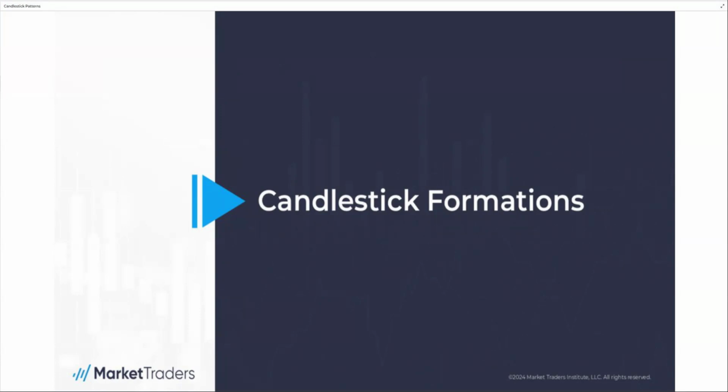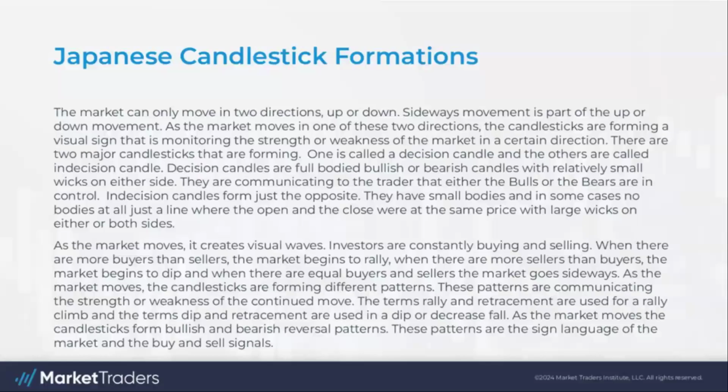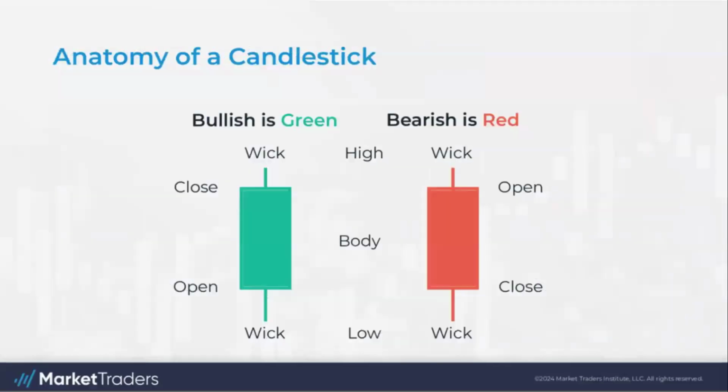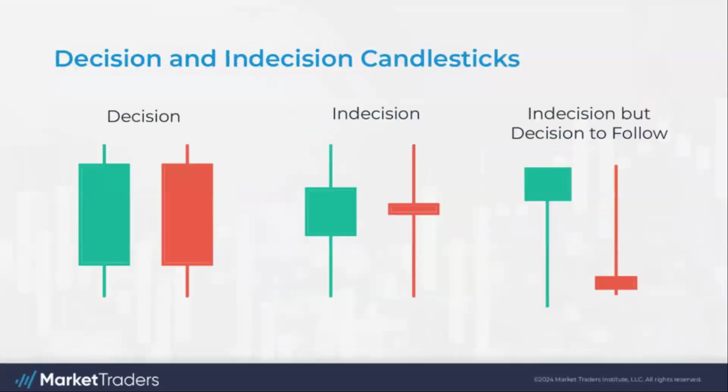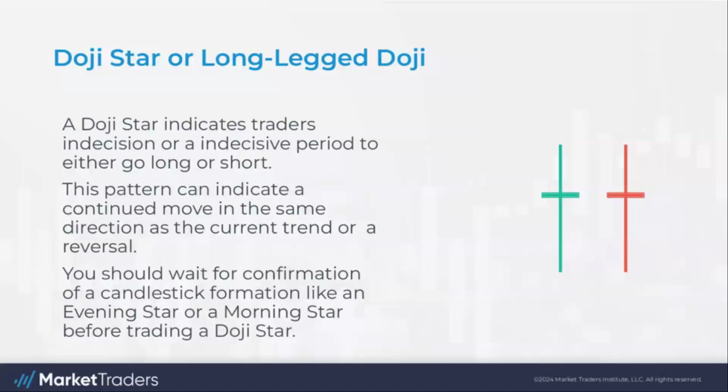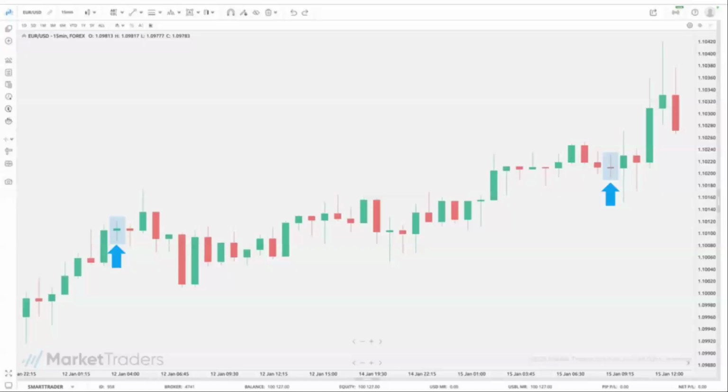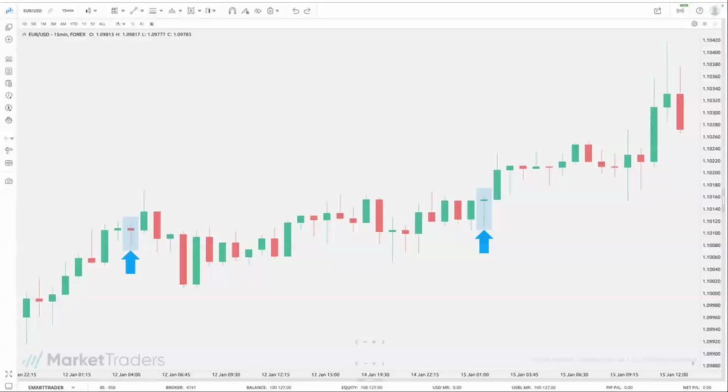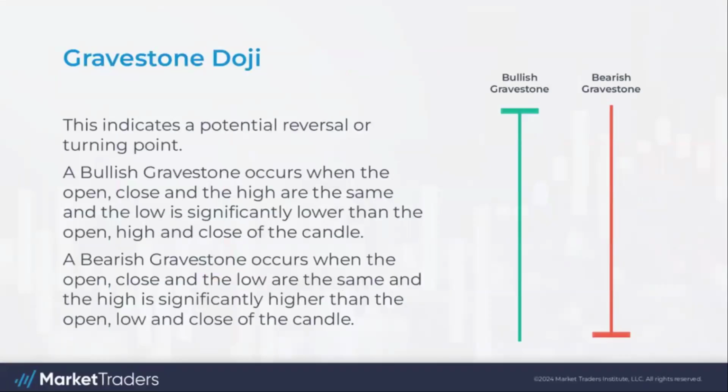This one has everything. So we've talked about the candlestick, the decision and indecision candlesticks, and then the doji star, the dragonfly doji. And this is the gravestone doji, what we talked about before.